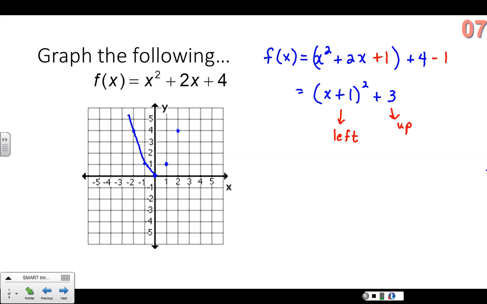Again, I keep drawing this curve over and over, but it's good to have it as a guideline. So each point we're going to shift to the left 1, and then up 3. So I'm going to take the vertex to the left 1, up 3. So there's your new vertex right there. To the left 1, up 3.